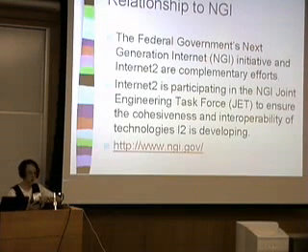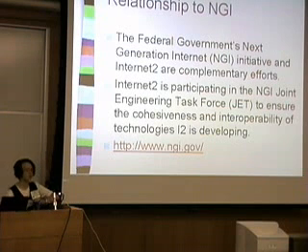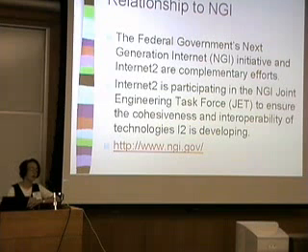Internet 2 also often gets talked about in the same realm as NGI, the Next Generation Internet. Next Generation Internet is the government's kind of complementary effort to Internet 2.